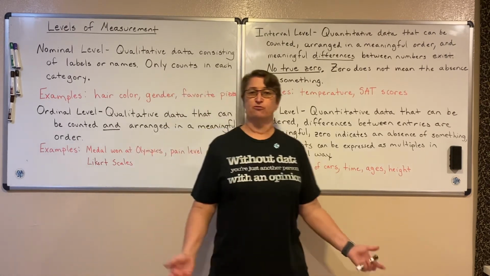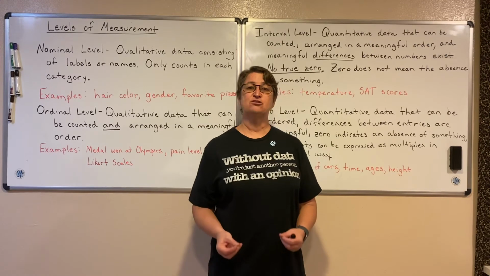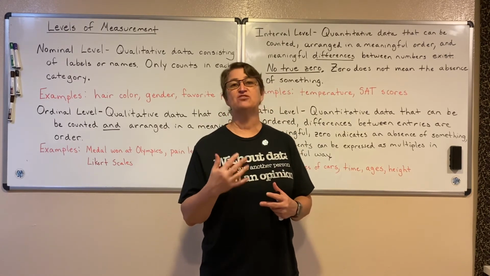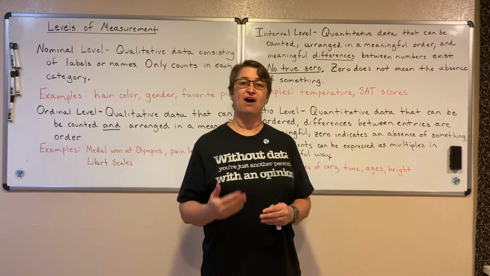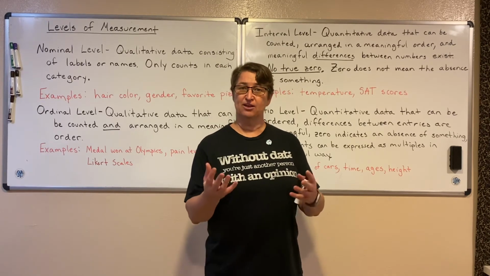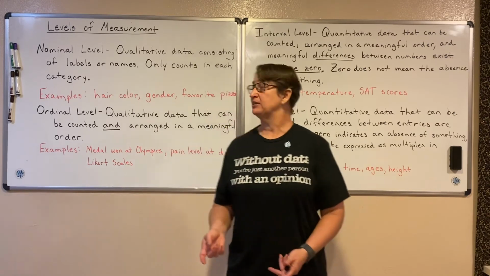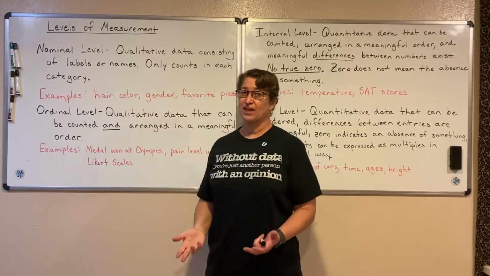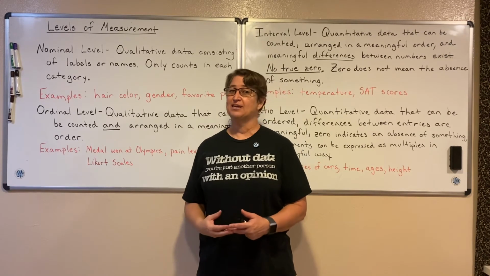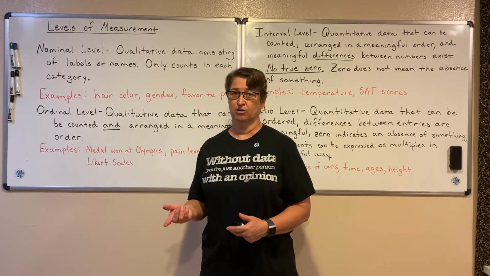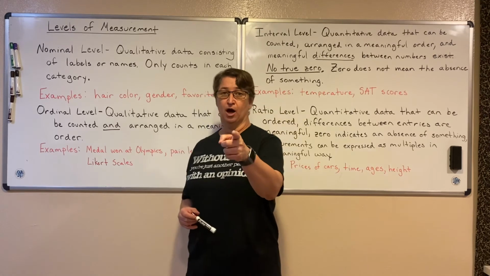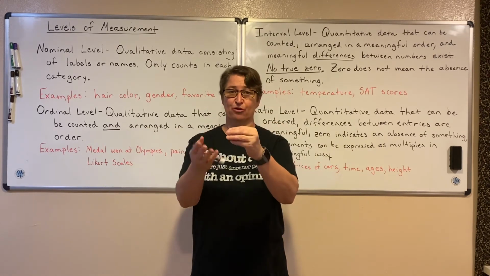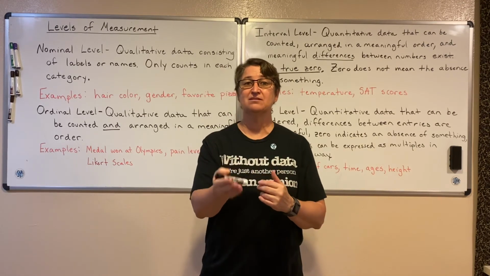With those levels of measurement, then we can begin to do some different math, and we can determine which type of statistic I can find for each of my data that I've collected. So for instance, if I've collected hair color, there are certain things I can't find. I can't find a mean average of hair color. I can't take your blonde and your brown and your black and add those together and divide. That doesn't make sense.